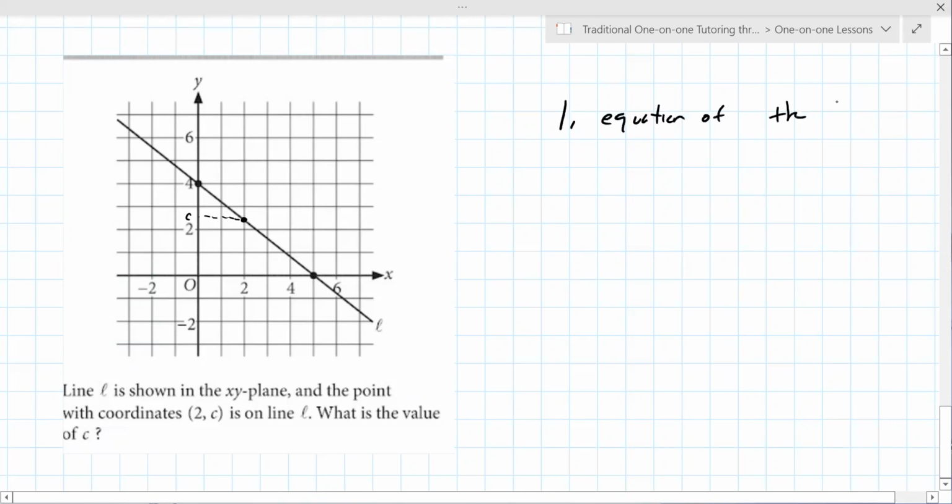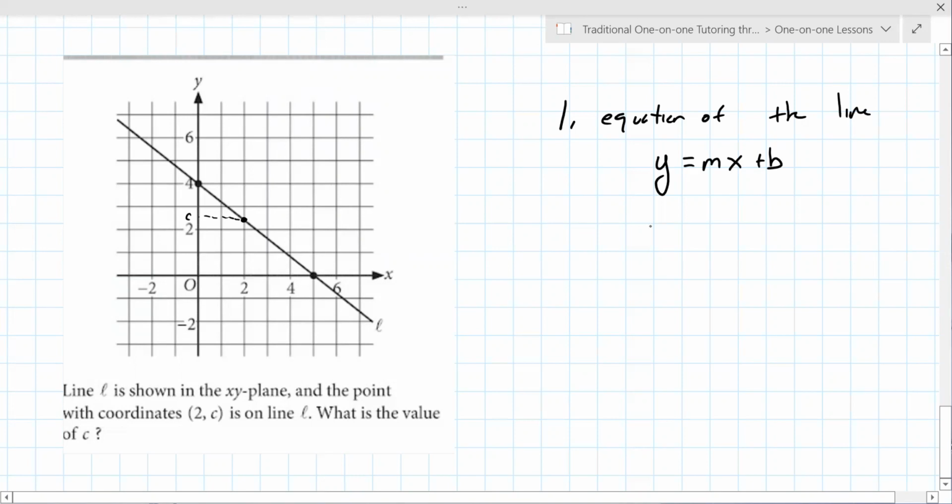And I already asked you this earlier. What's the easiest form, the one you hope to be able to use? mx plus b. So this one, the reason that's so valuable here is you know b, and you can figure out the slope. You could figure out the slope here.